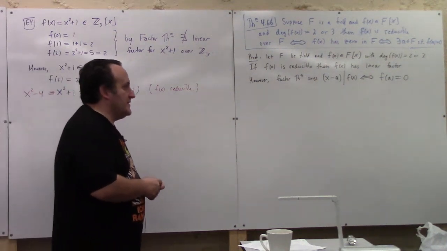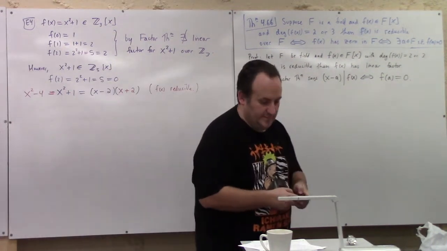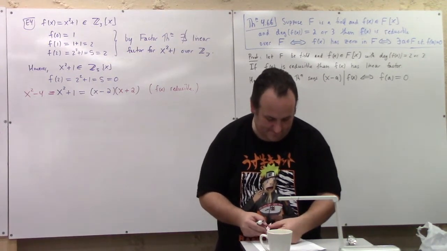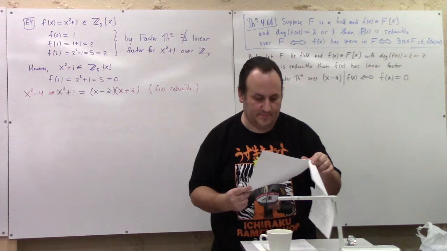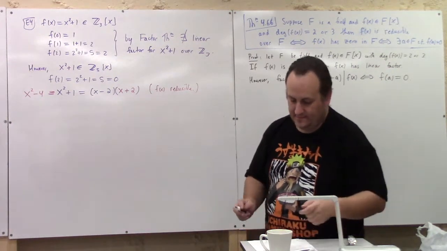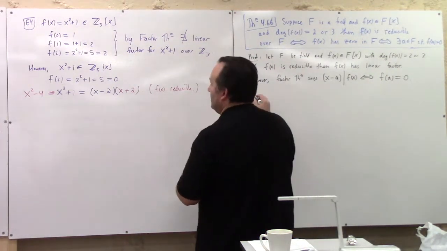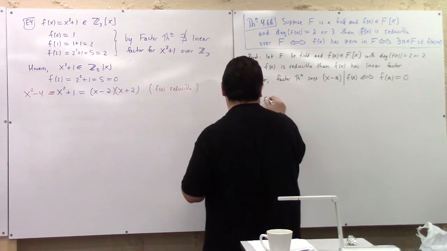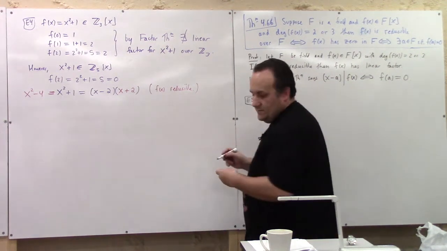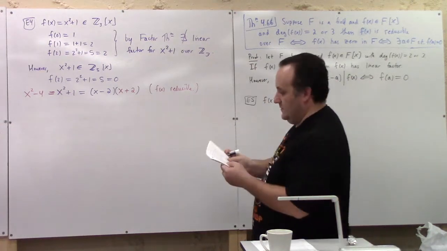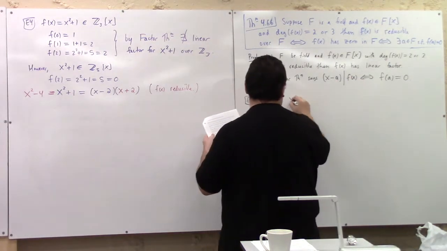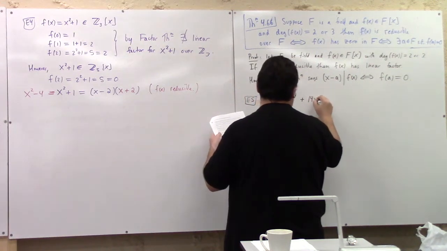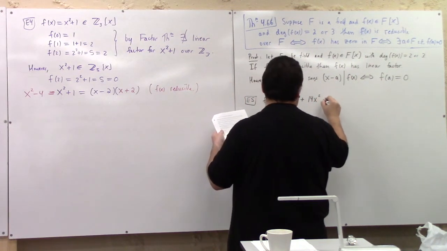Now, I said don't overextend this. Let me show you how you overextend it, okay? Example 5, a cautionary tale. F of x equal to x to the 4th plus 14x squared plus 49.